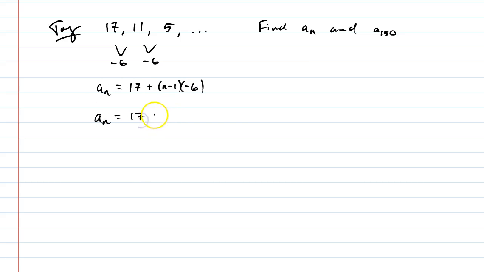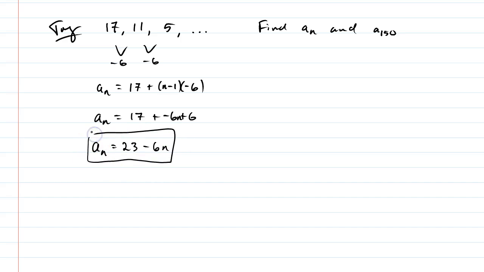I'm going to expand out the negative 6. 17 plus 6 is 23, so it's going to be 23 minus 6n is our general term. And now if I plug in 1 for the first term, 23 minus 6 is 17. If I plug in 2, 23 minus 12 is 11. Seems to be checking out.